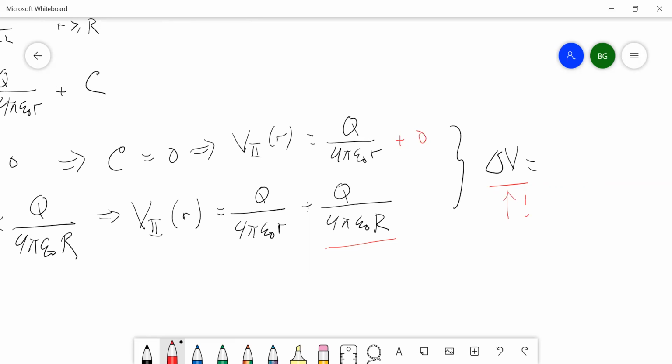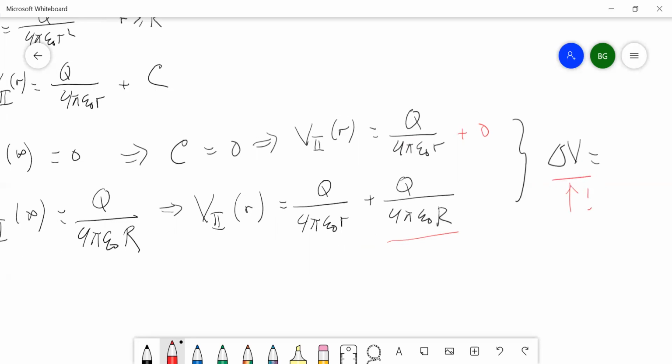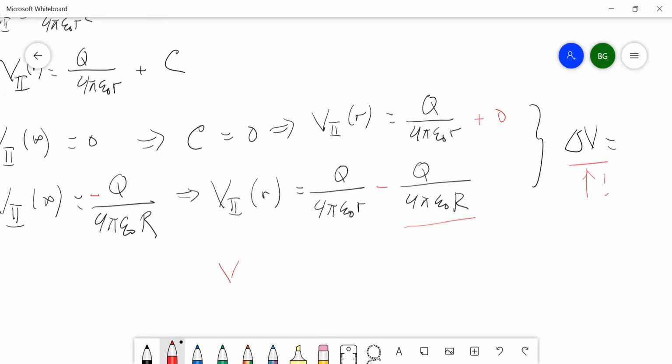Any question? Sorry, there should be a minus here, for example. This should be minus. So V2 at the sphere surface is 0.